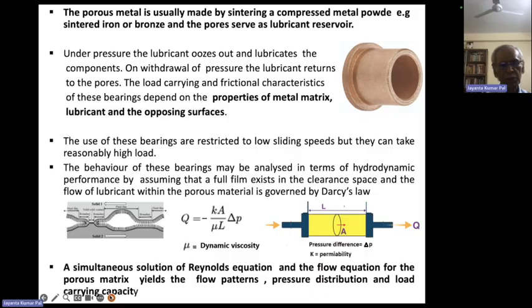The load carrying and the frictional characteristics of these bearings depend on the properties of the metal matrix. As I say, it may either be iron or bronze or other type of metal matrix, the lubricant, whatever type we are using, and the opposing surface, which is often steel.